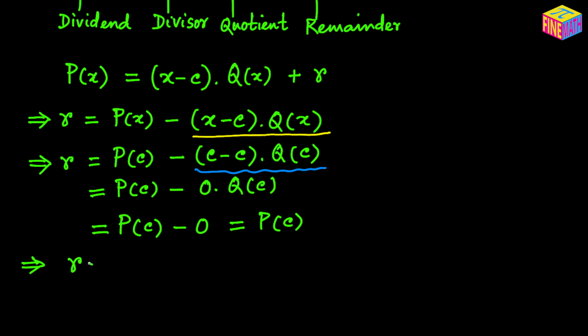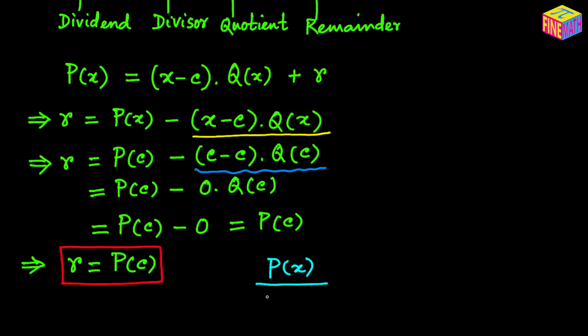So the remainder is now equal to p of c. I'm going to use a different color. So if p of x is divided by a linear polynomial which looks like this, x minus c, then we get a remainder which is equal to p of c, right?